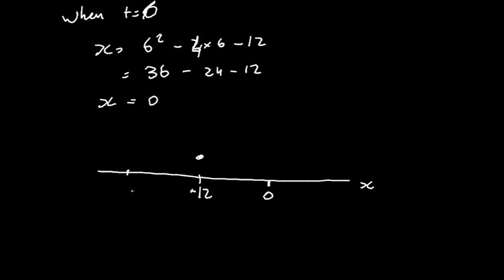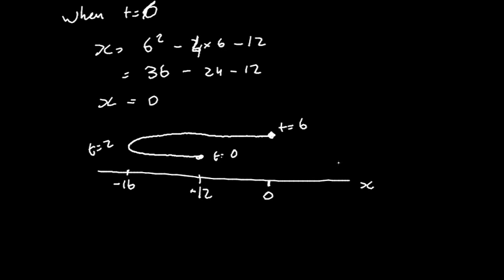At t equals 2, we found it was minus 16. And then we turn back around and end up back at the origin at t equals 6.